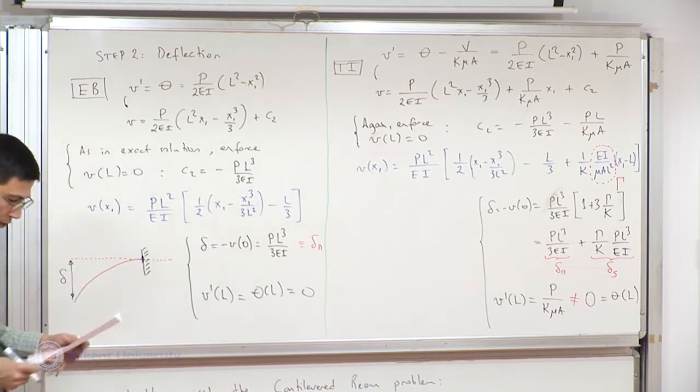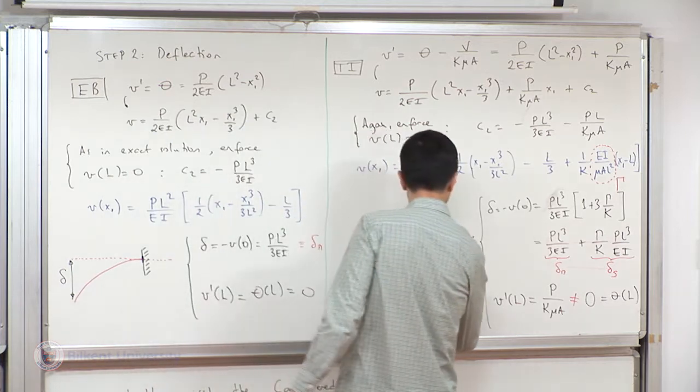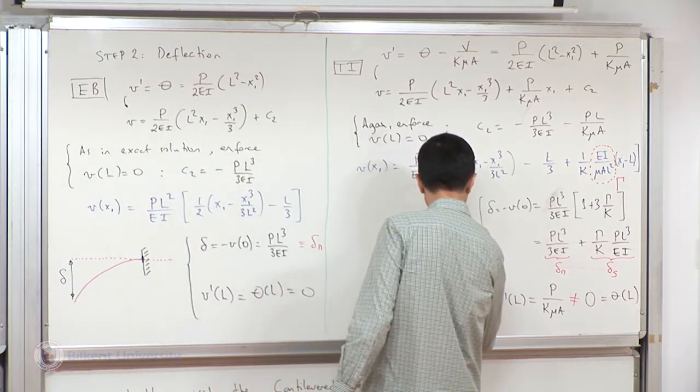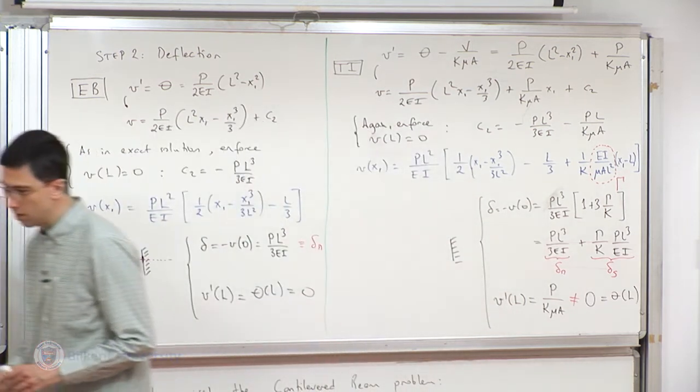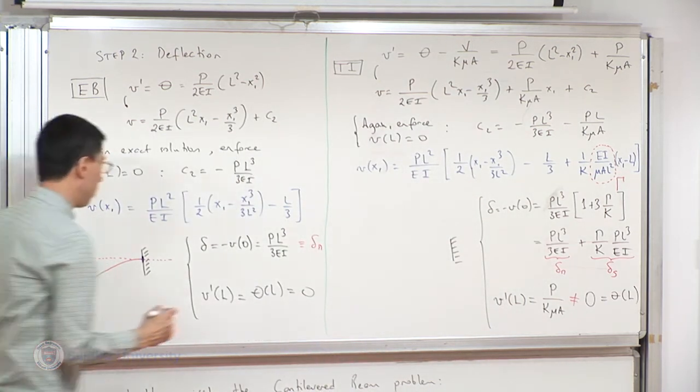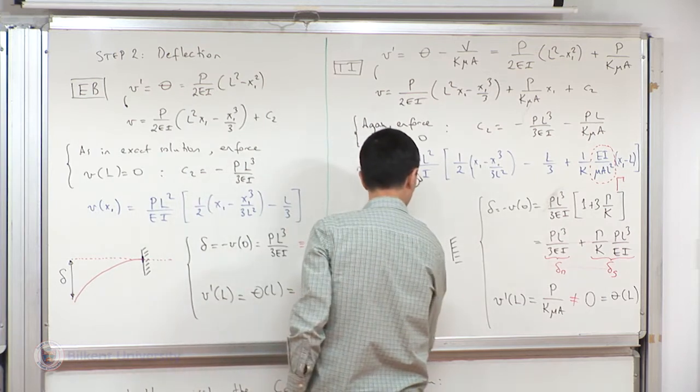So which means that eventually when I draw the same picture here once again, so I'm going to draw not the same picture, but if I want to describe the deflection graphically, this is the neutral axis.